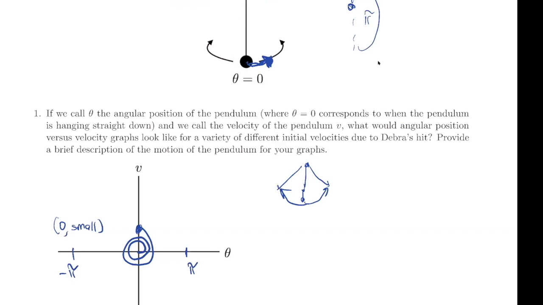Then let's say instead I start off at this resting position, but now I give it a big initial velocity. What might happen if we push it hard enough? What's going to happen?